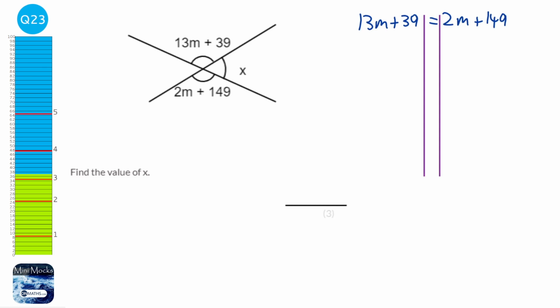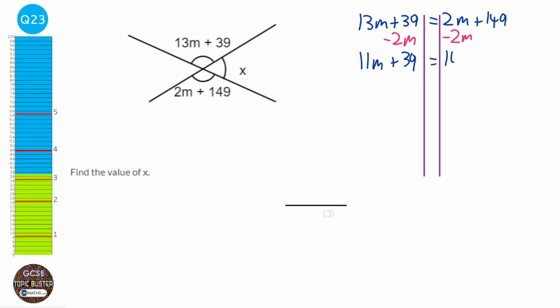And to solve this, we first of all take away the smaller amount of m because we've got m's on both sides. We can't really cope with that when we're solving, and so we've got a 13m and a 2m, so we're going to remove the 2m. We're going to take that away from both sides to start off, and so we're left with 11m plus 39.